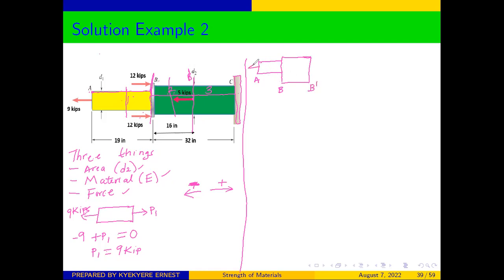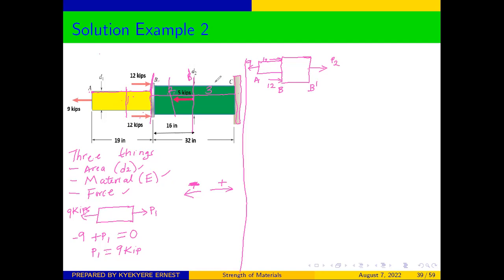And we have 9 at this side. We have one force applied here with a magnitude of 12. We have another also applied here with a magnitude of 12. Then the internal forces, we said that to every action there is equal and opposite reaction. Therefore, the internal force will be pointing that way, and we can refer to this as P2.